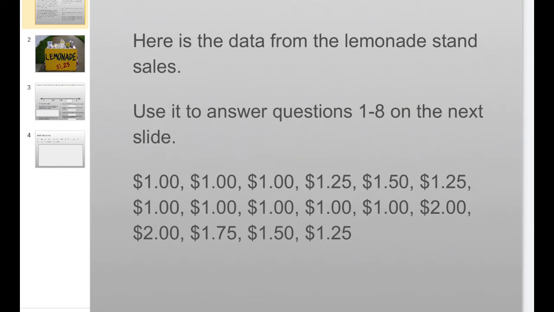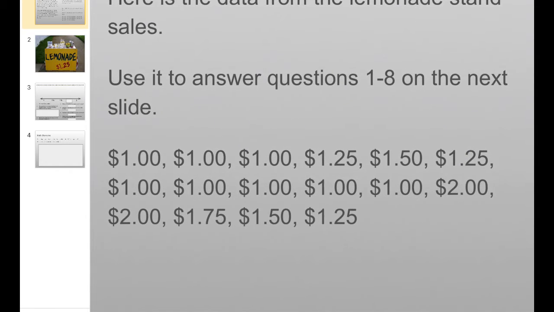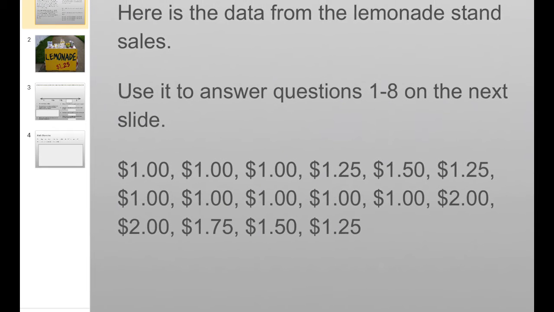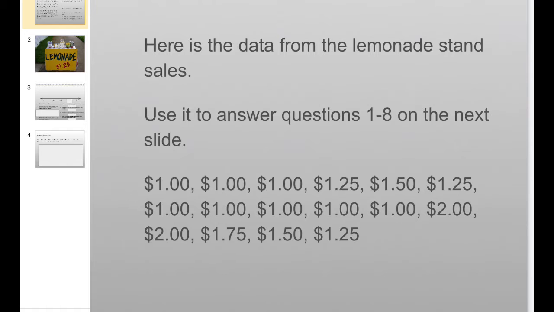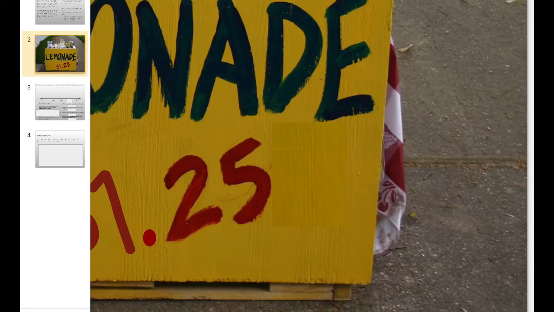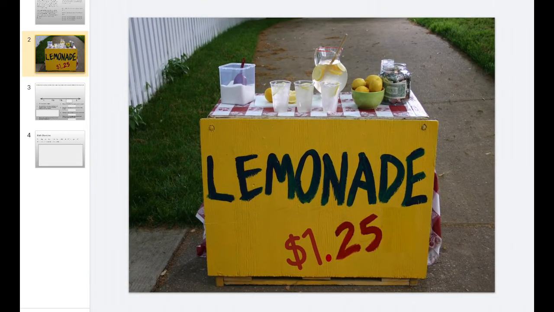Now, the story is all about two kids running a lemonade stand and selling lemonade. This right here is the data that you're going to use in order to answer the questions. There's several questions that have to do with the lemonade stand and what happened. The second thing you want to do when working on a math problem is figure out what it is asking of you.